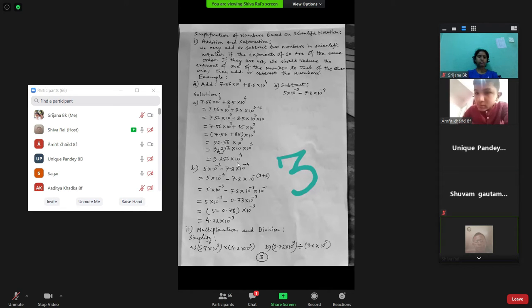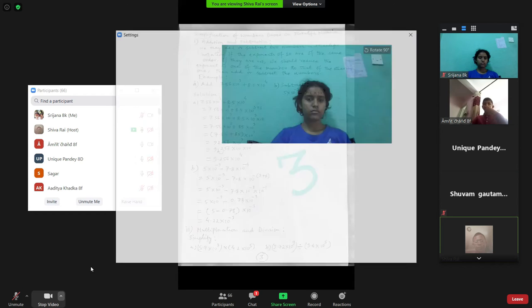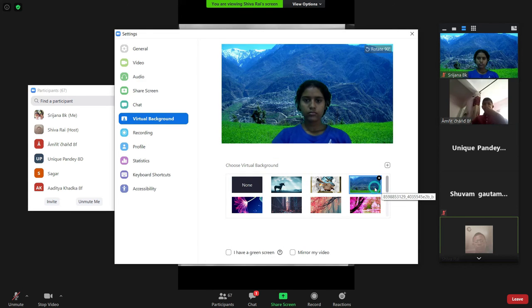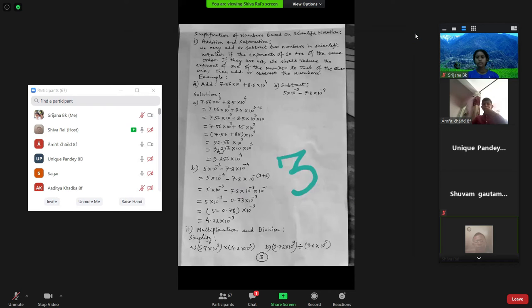So 5 into 10 to the power minus 3 minus 7.8 into, you remove the bracket from the power. If you remove the bracket, it becomes 10 to the power minus 3 into 10 to the power minus 1. If you multiply, you get minus 1. If the power is negative, 1 also we have to write. If there is plus 1, it is not compulsory to write.